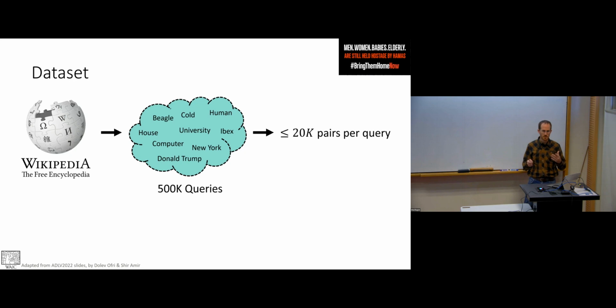Otherwise, they are esoteric and they don't want to include them. And they insisted on having enough pairs from each of these concepts. So if a concept appears too much, they discard some of the examples. If a concept doesn't appear enough, they also discard it. So they have roughly the same number of pairs from all the concepts they curated.